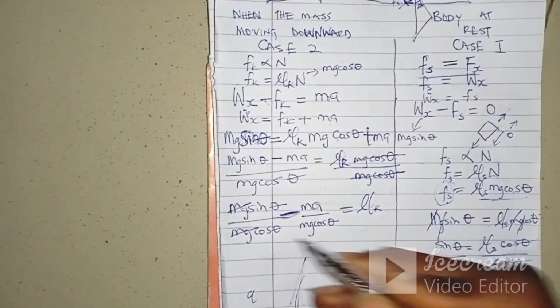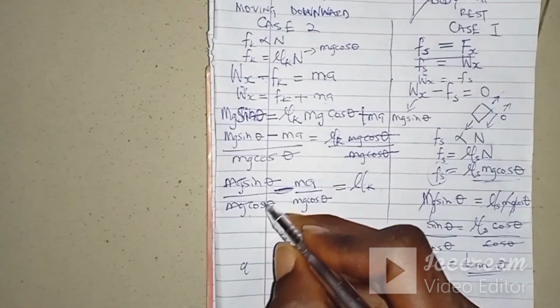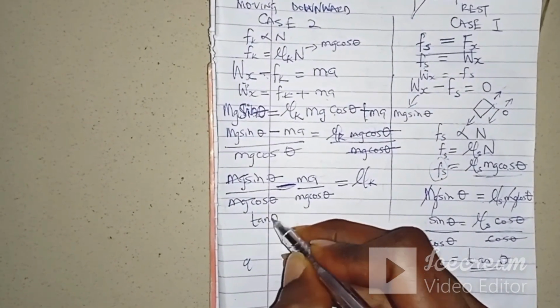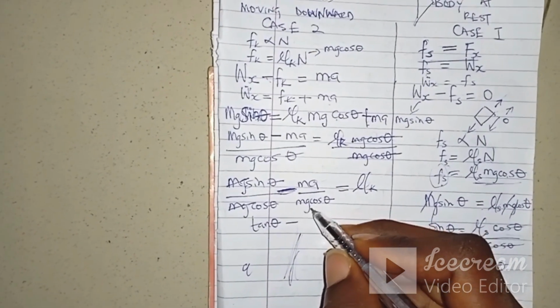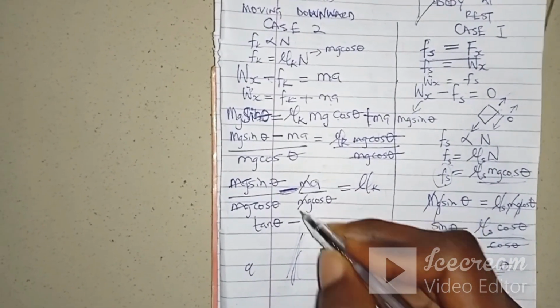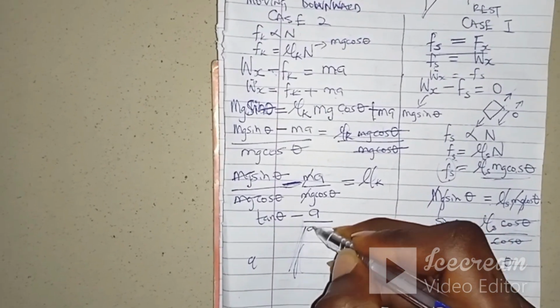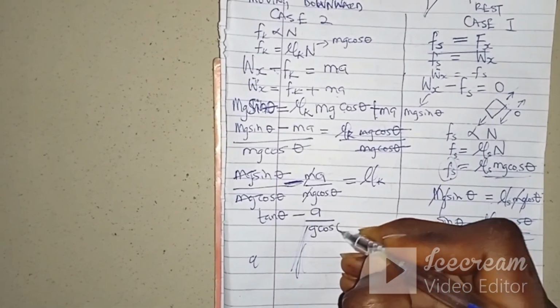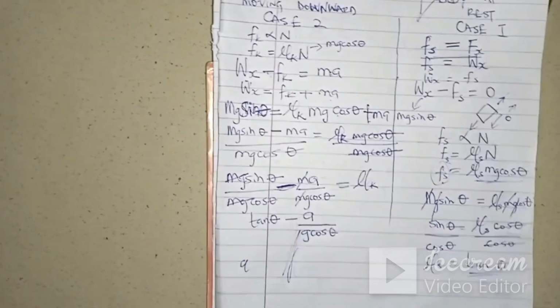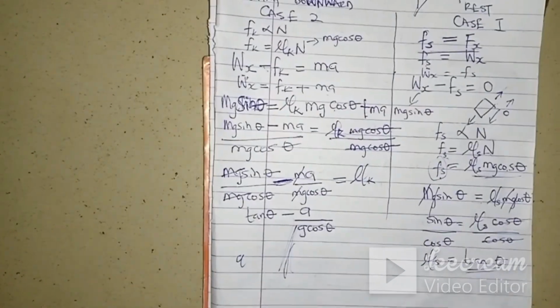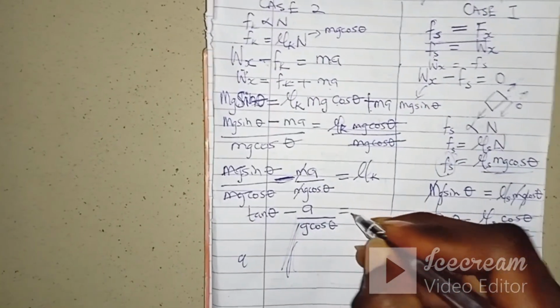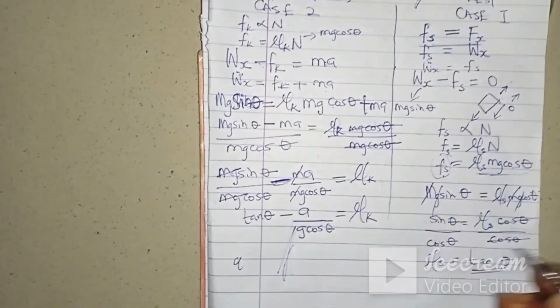This will cancel this. Sine theta over cos theta is tan theta, minus, this will cancel this, so you now have a over g cos theta. Then that equals the coefficient of kinetic friction.